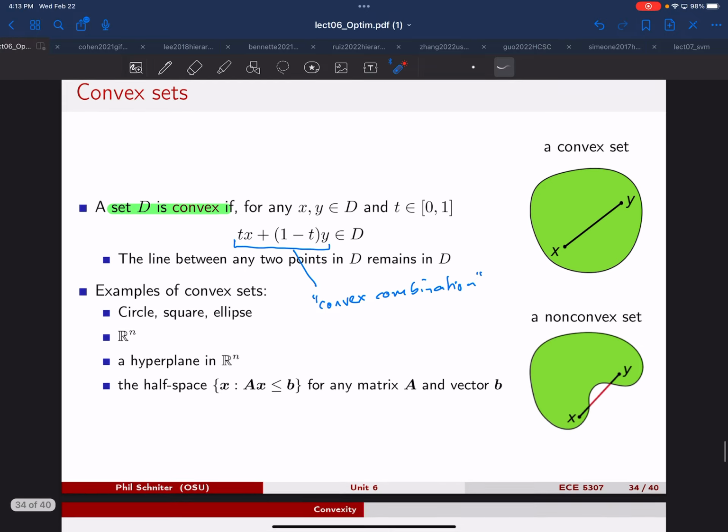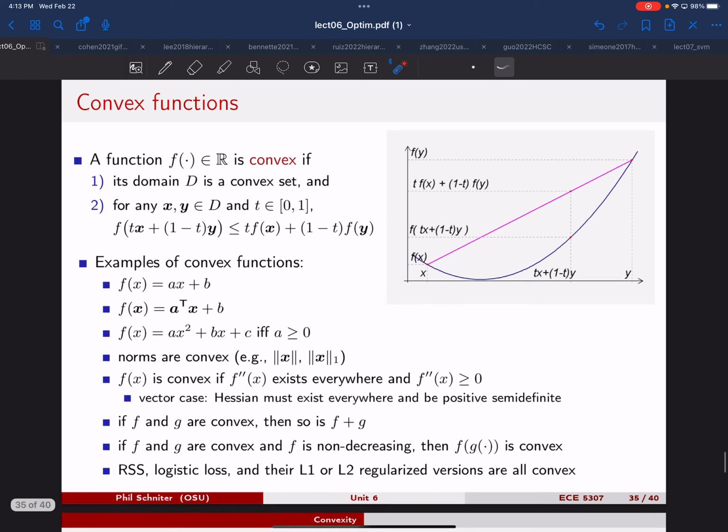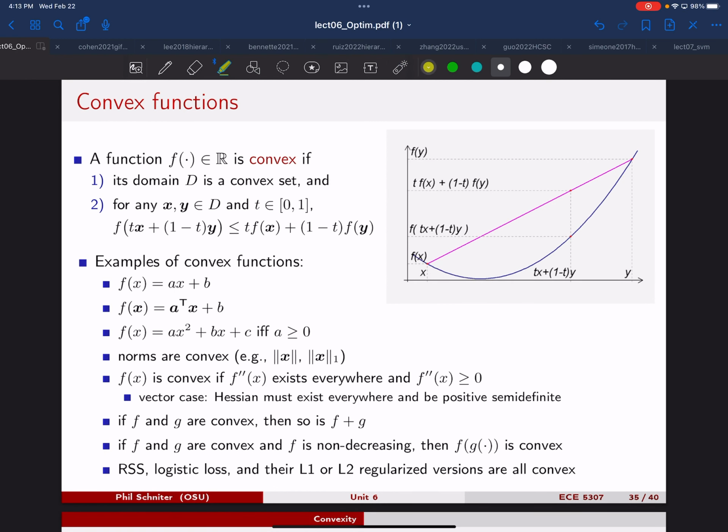Okay, so now we can talk about convex functions. So a function f, this is a function that's returning just a single real number. This function is convex if 2 things. Number 1, its domain is a convex set, and number 2, this second inequality holds.